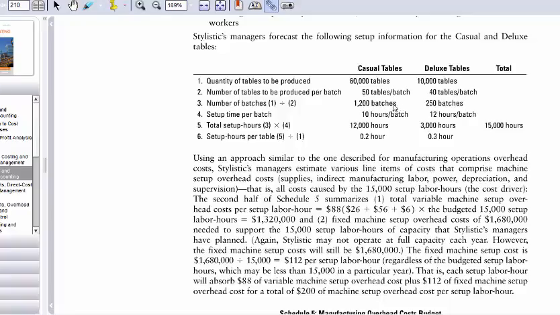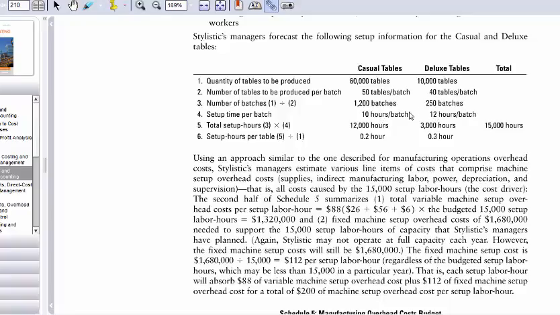Now each time we do a batch, it's going to take so much setup time. The setup time is going to involve how intricate the product is, how many parts, and what kind of things we need to do or tweak with the machinery. Notice that there's a difference. Casual tables' setups only take 10 hours, but the deluxe model takes 12.